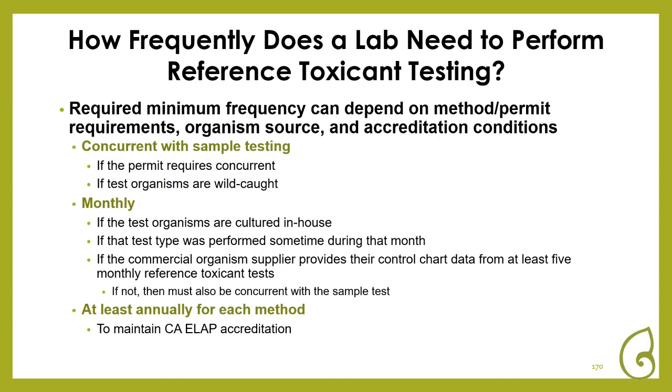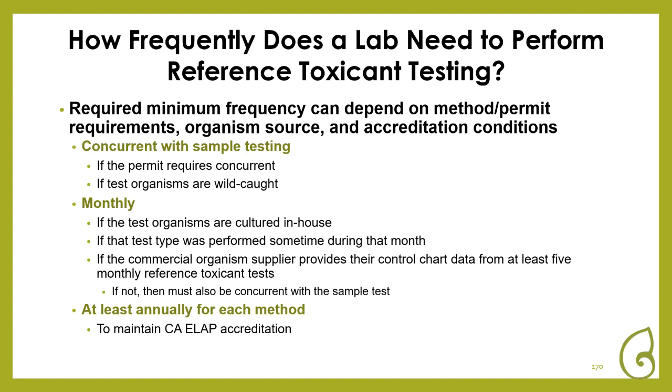The required minimum frequency for reference toxicant testing can vary depending on specific method and permit requirements, the organism source, and accreditation conditions. So generally, a reference toxicant test is concurrent with sample testing if the permit requires it to be performed concurrently, or if the test organisms are wild caught as opposed to commercially cultured.